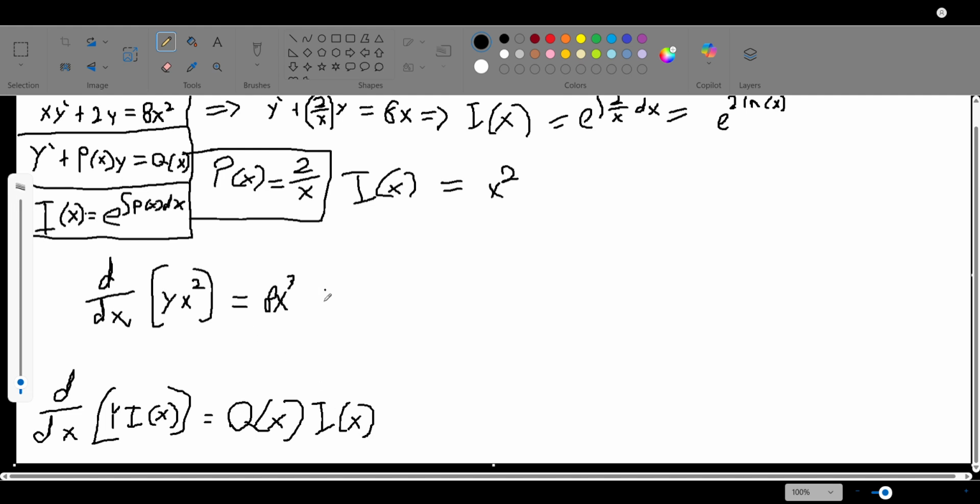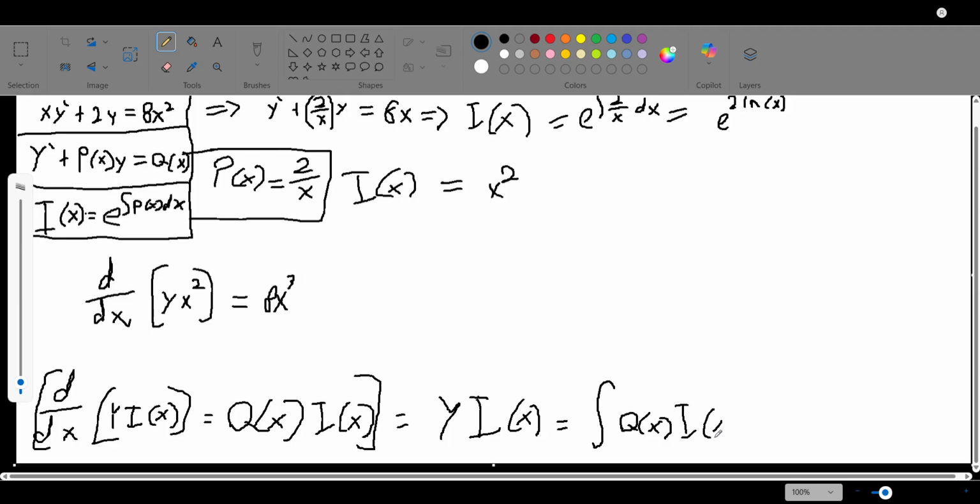Now, we can also say that this is equal to this other form. You need to know both of these forms for non-homogeneous equations. y times I of x is equal to the integral of q of x times I of x dx.